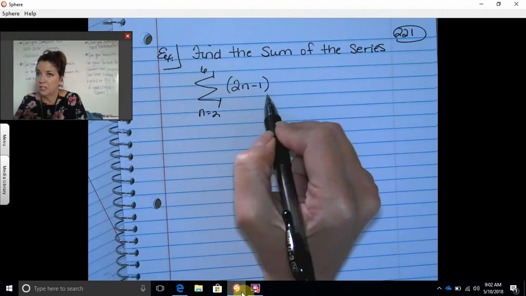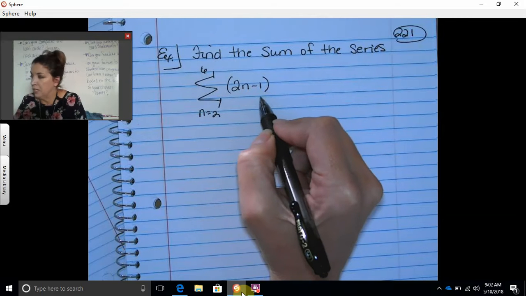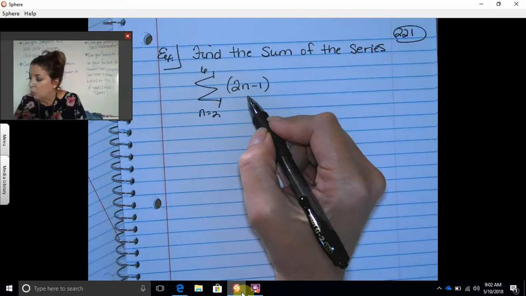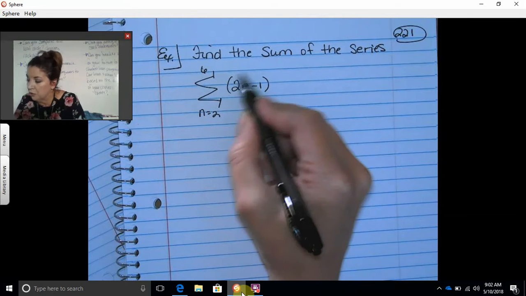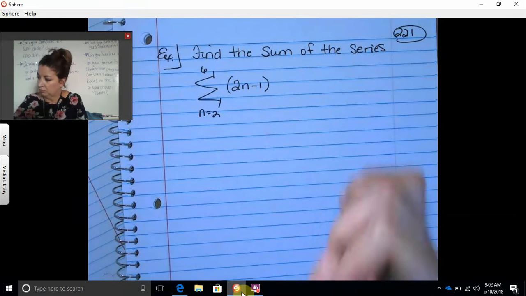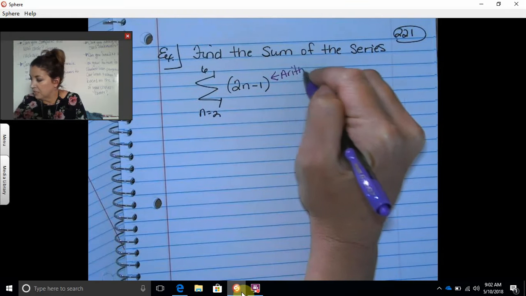Today we're also going to talk about geometric series, and we'll learn how to tell the difference between when it's arithmetic and when it's geometric. So far we've only done arithmetic. We know it's arithmetic when the explicit formula is linear, and that's important because our formulas are different.